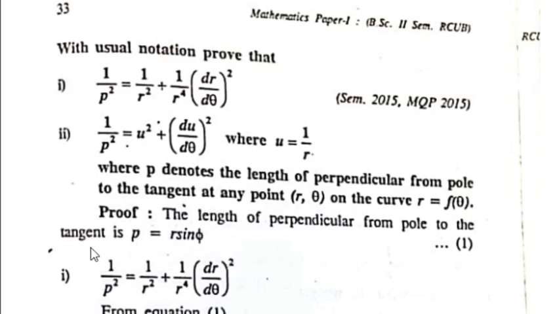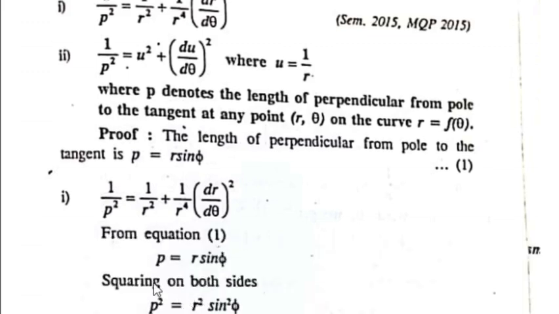By using the length of the perpendicular formula, P is equal to R sin phi. Now reverse this. So 1 by P is equal to 1 by R sin phi. Squaring on both the sides, we get P square is equal to R square sin square phi.